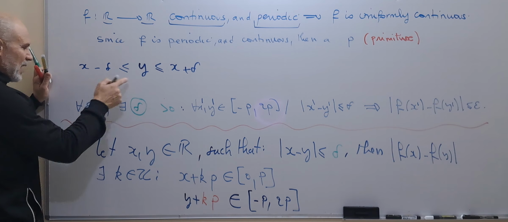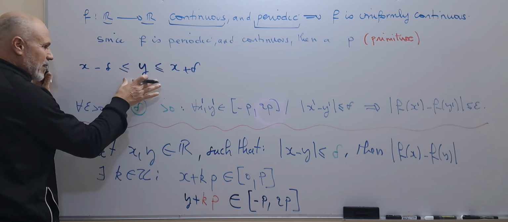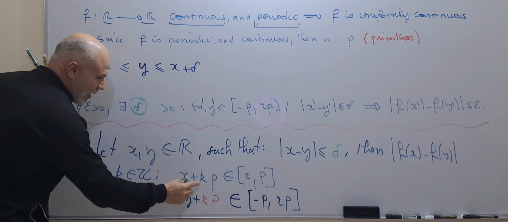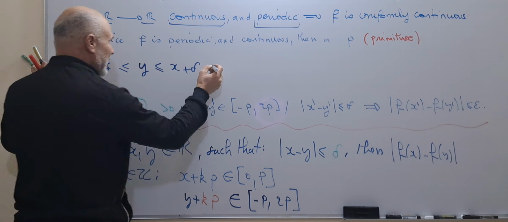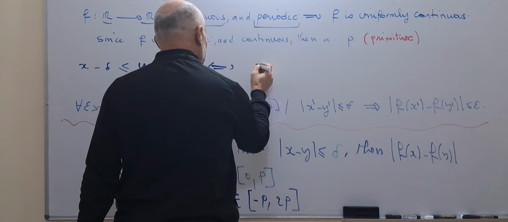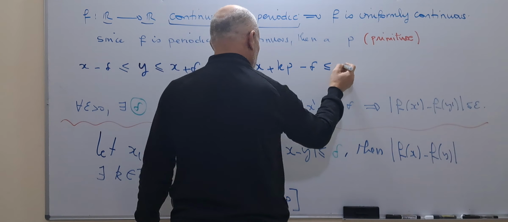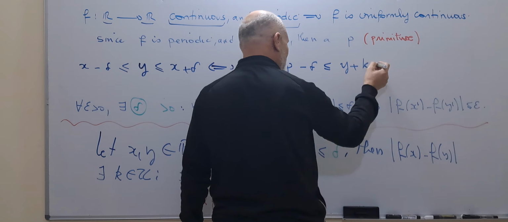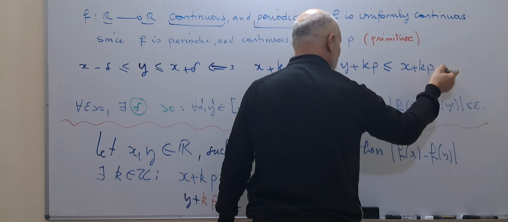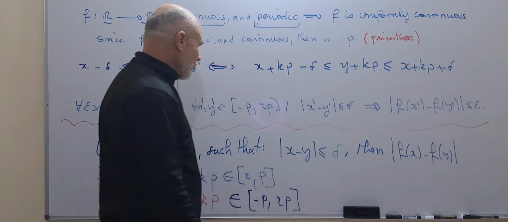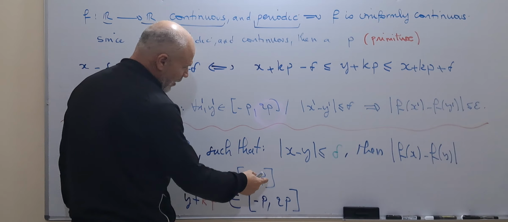If we add the same kp to both sides of this double inequality, this will be x plus kp minus delta less than or equal to y plus kp less than or equal to x plus kp plus delta. But x plus kp belongs to [0, p].